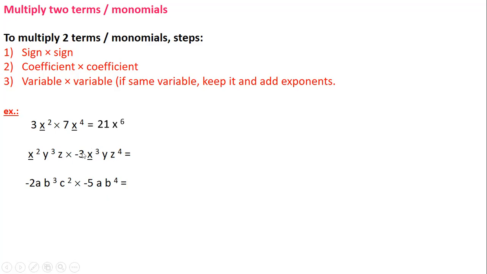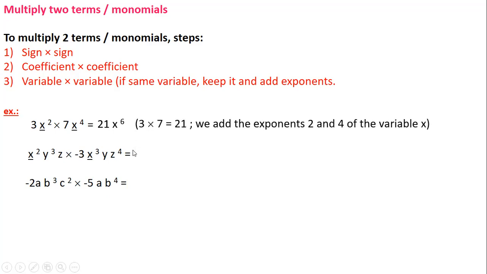So x to the power 5. The variable y times the variable y is y. 3 plus 1, because any variable having no exponent, it will be 1. So 3 plus 1, I will get y to the power 4. Now the variable z times the variable z, it will be z. And 1 plus 4 is 5. So we get this answer.